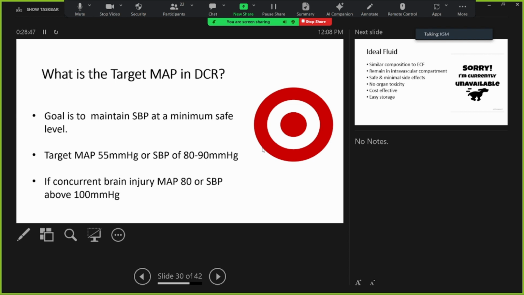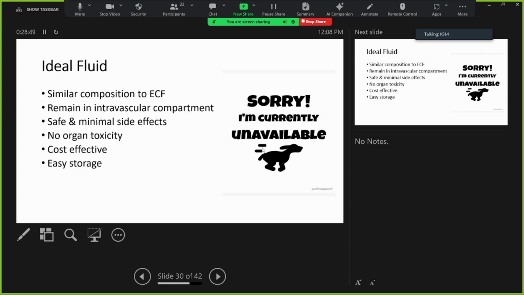Right, so those are the concepts in damage control, and then we have to think about what fluids you need to give. There has been discussion whether there is an ideal fluid, which should be similar to ECF, remain in the intravascular space, be safe with no toxicity, and cost effective, but it is not available.